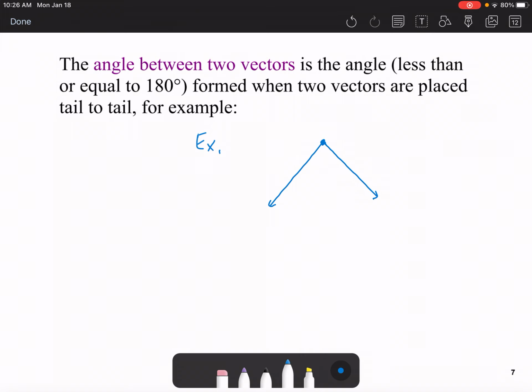So the angle in between them turns out to be this angle right here. Here you can see the angle between it is less than 180. If the two lines were parallel and headed in opposite directions, then the angle would be 180 degrees exactly. If they're headed in the same direction, then the angle in between turns out to be 0 degrees.